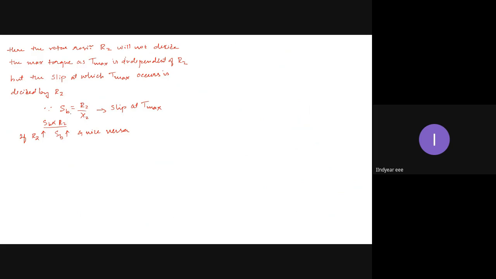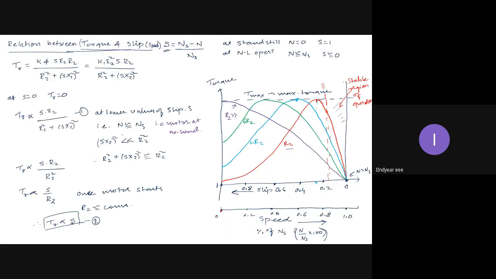So if I keep larger values of R2, then the slip at which the maximum torque occurs will also increase. So with that, I can get a set of curves with respect to the values of R2. If I change R2, the characteristic will change. So with this, I can get a set of curves to study and use the motor for a particular application.